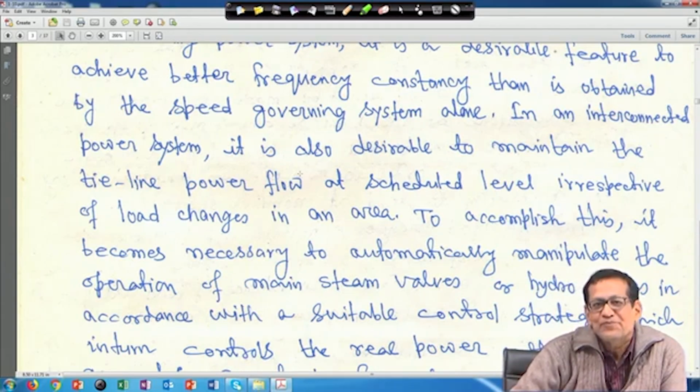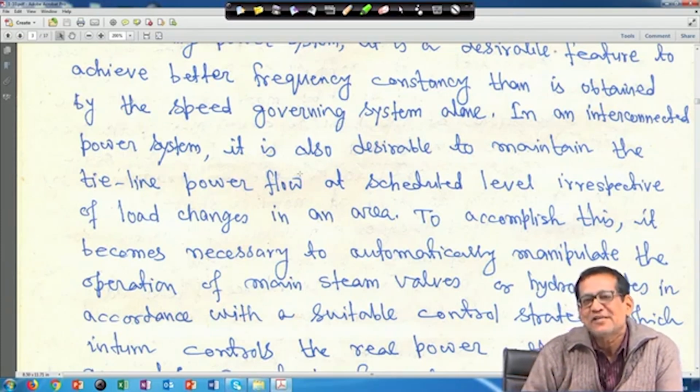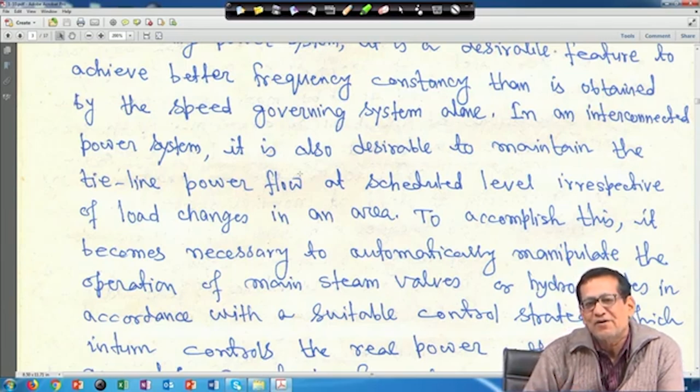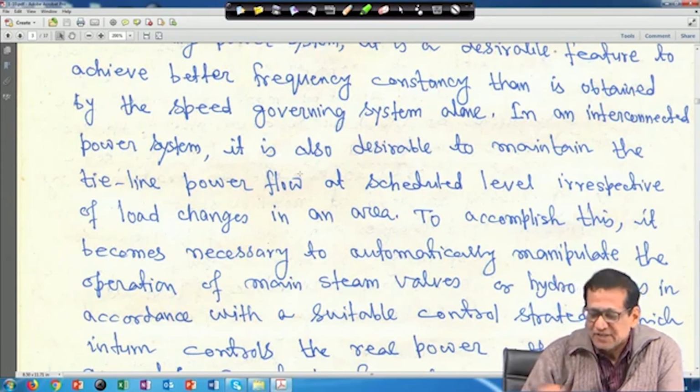Many power systems are interconnected together, and whenever one power system, which we call an area, needs power from or buys power from another area, that scheduled power has to be maintained, irrespective of load changes in an area.